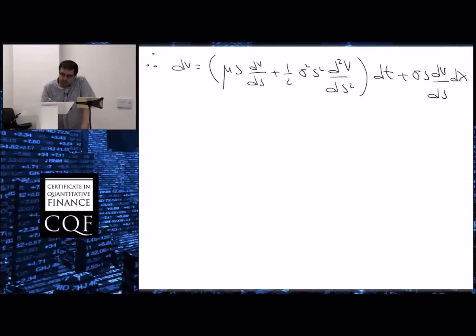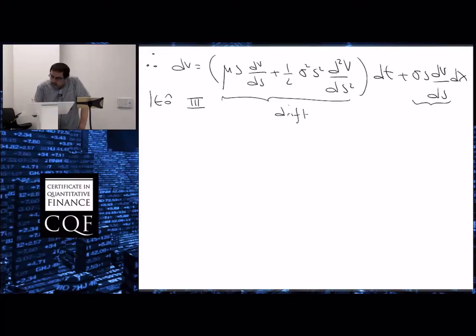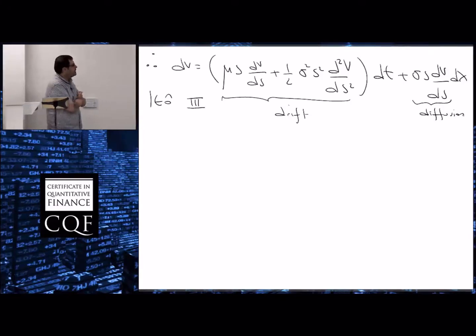So let's call this Ito3. Drift and diffusion. This is another stochastic differential equation.